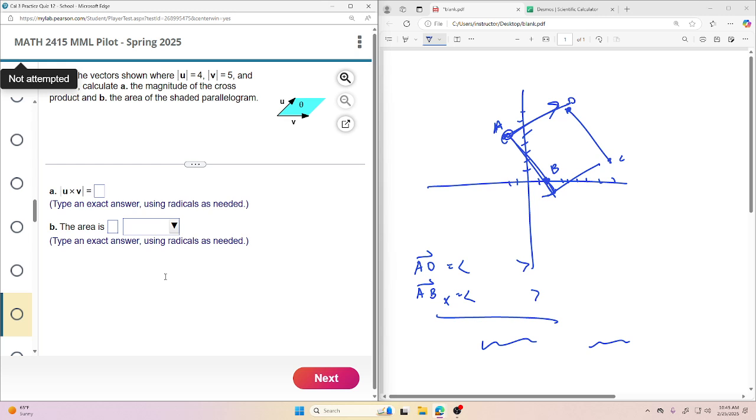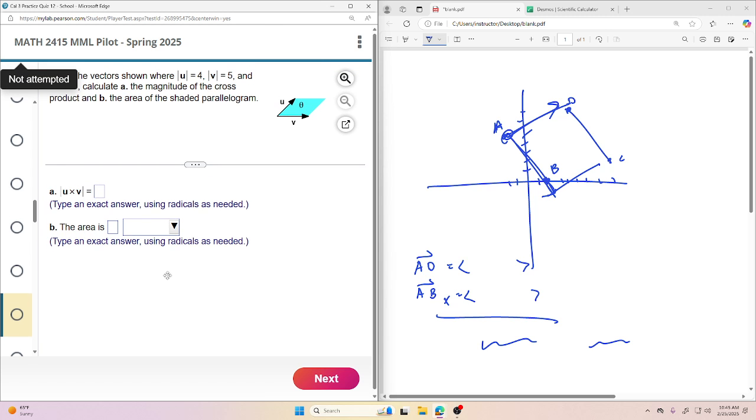Oh, there's a difference here. Look, so we got magnitude 4 and 5. Calculate the magnitude of the cross. I don't think this is on here, but let's just assume for a second. Is there a formula for that? Is there like a sine?